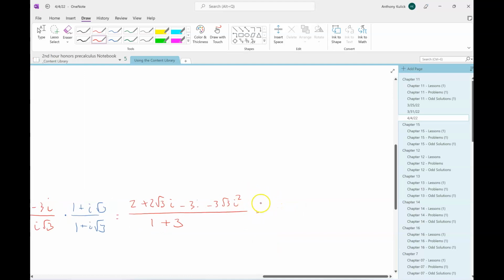So I combine like terms and simplify my numerator. I have 2 plus 3 root 3 over 4 plus 2 root 3 minus 3 all over 4i. Write it that way.